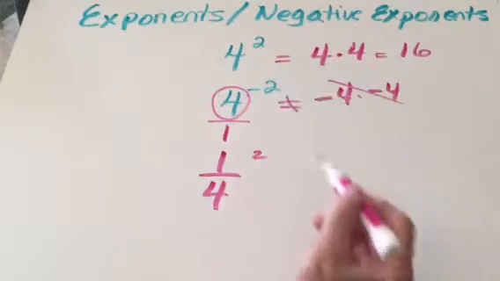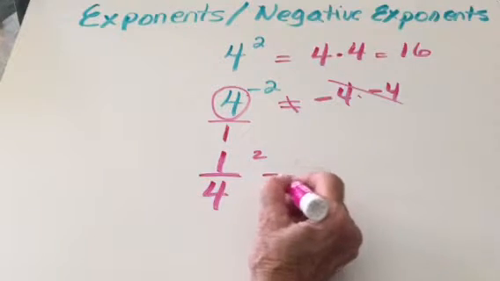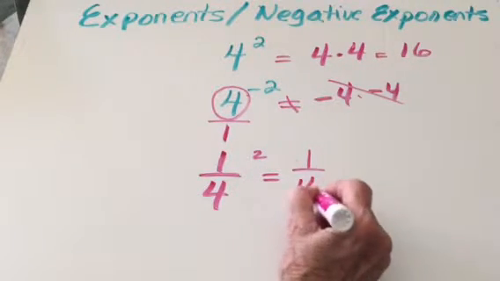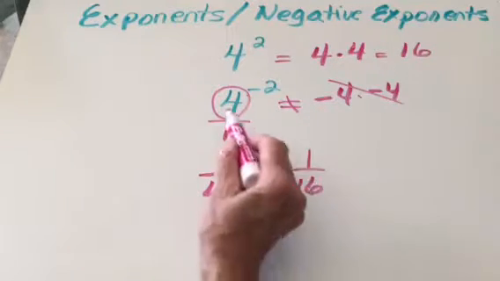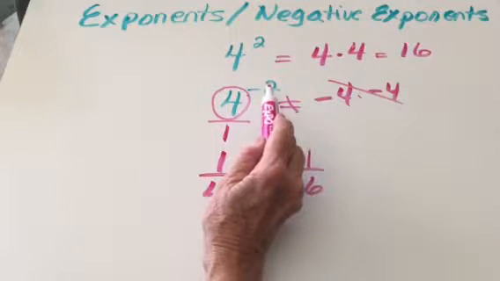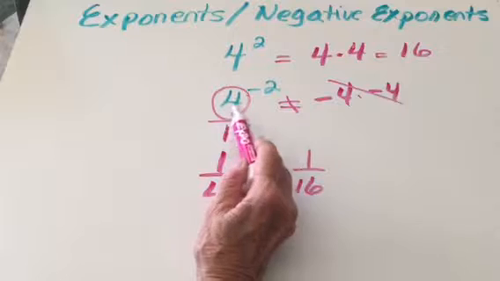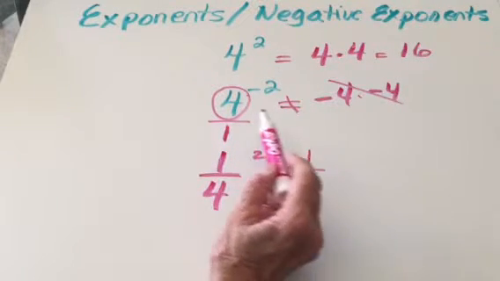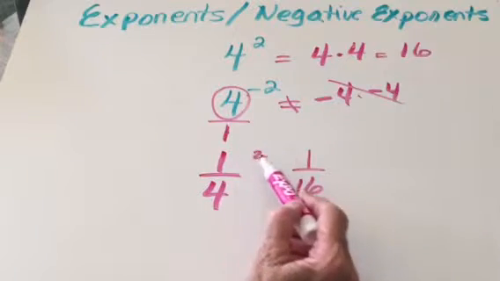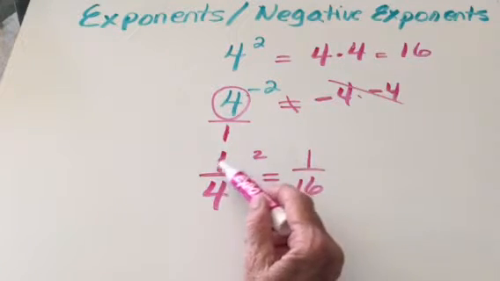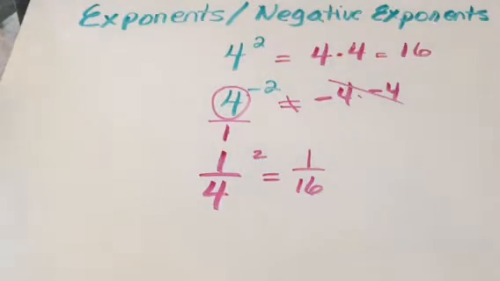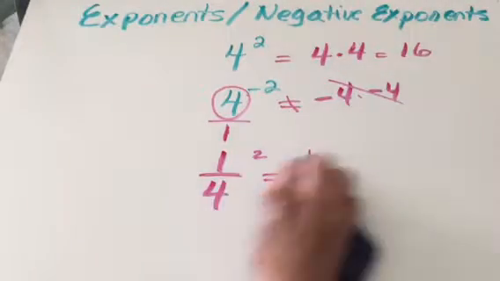The negative goes away. So that's going to equal 1 times 1 is 1, 4 times 4 is 16. So 4 to the -2 means I turn it into a fraction. That's the reciprocal. I make the reciprocal. I take that negative away, and then I just multiply it by itself twice. All right? So we're going to do a few of these.